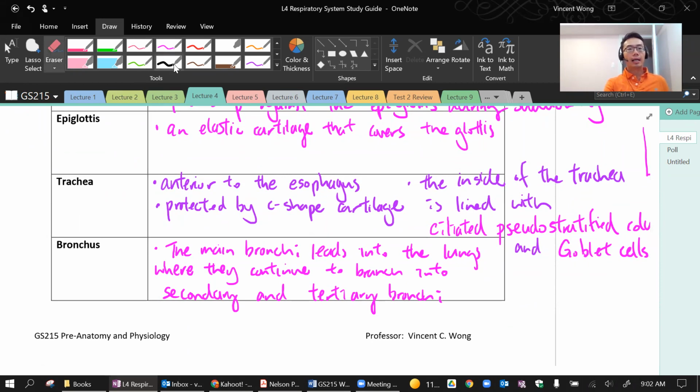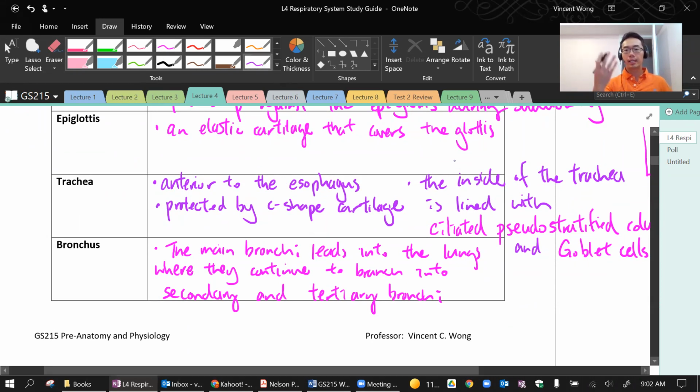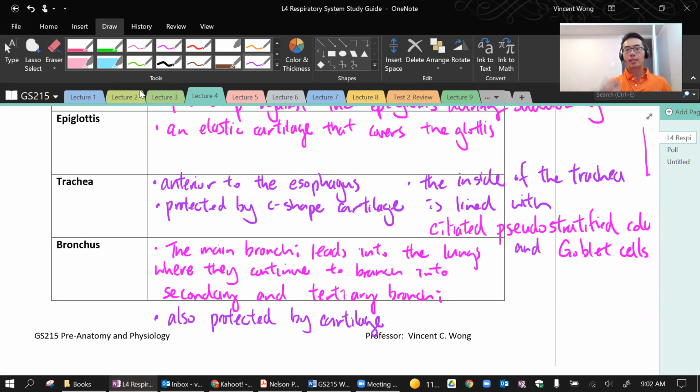In terms of structure, it's similar to the trachea, also protected by cartilage. The difference is that the main bronchi, the primary bronchi, both mean the same thing, as well as the secondary, instead of having C-shaped rings, will now have full circle rings.